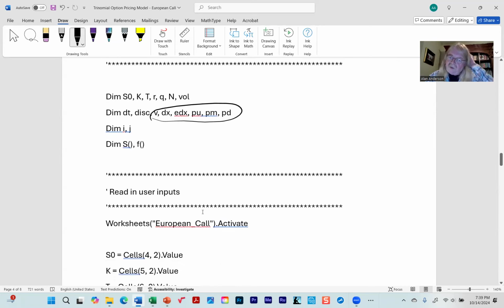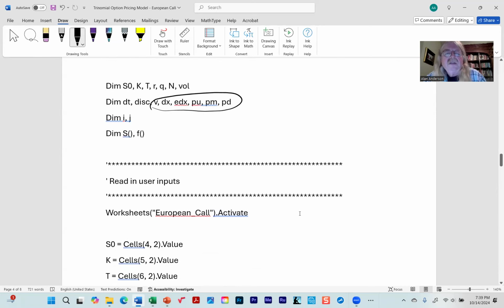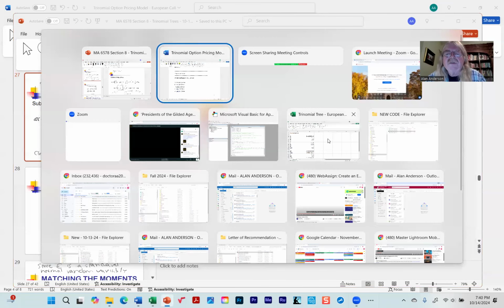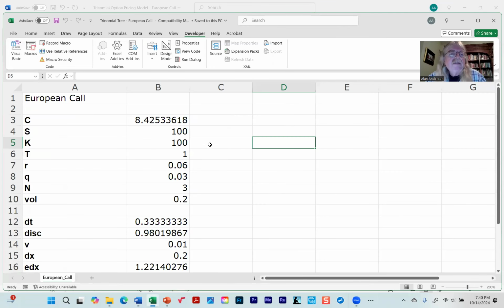Okay. Now, of course, just like last time, we're going to tell it where to find these numbers. Let's look at our code, the actual spreadsheet. And by the way, interestingly enough, this is the same example we had last time. Look how far off it is compared to, remember, the Black-Scholes price was $9 and 40 something cents.